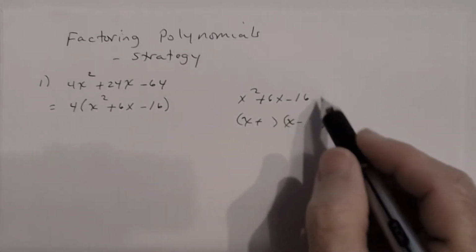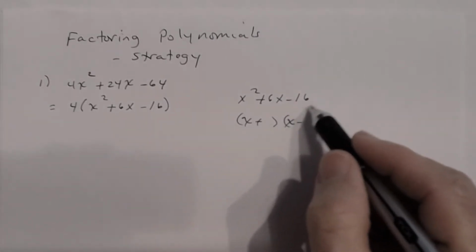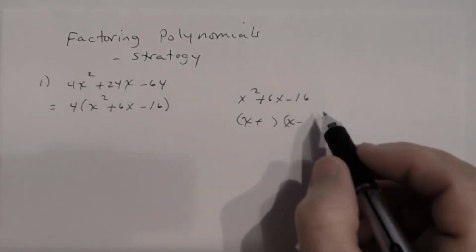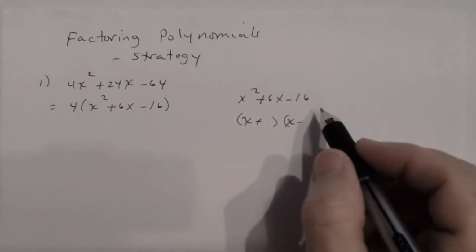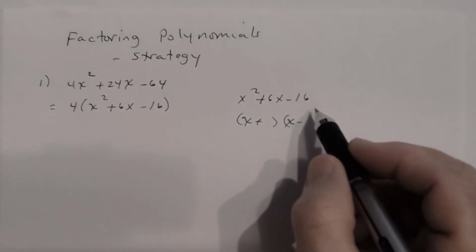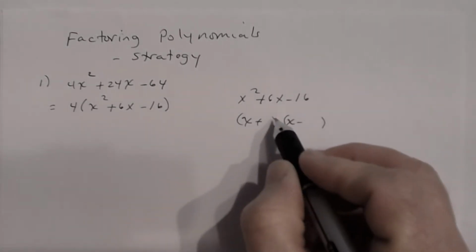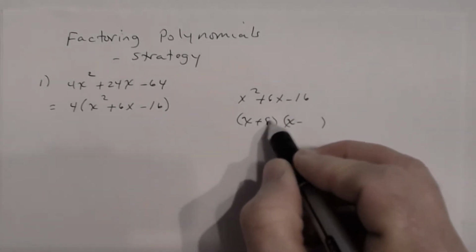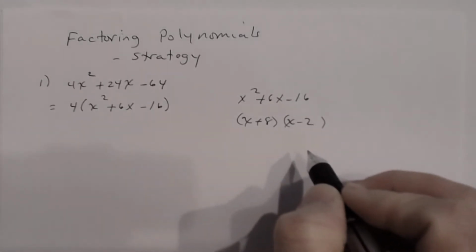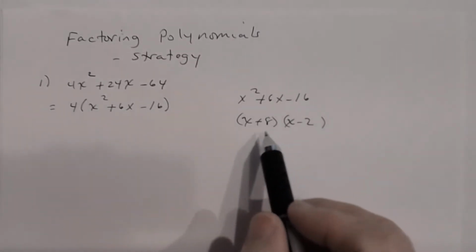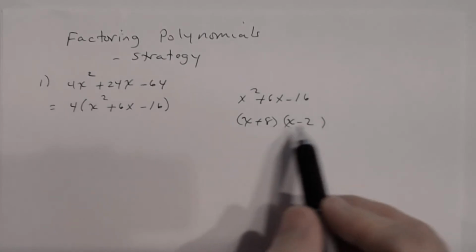There are several possibilities for 16. There's 8 and 2. There's 4 times 4. There's 16 and 1. So let's try 8 and 2. Looks like 8 and 2 would work, so we're going to put 8 here and 2 here. Now, you always want to check to make sure that what you have is correct.